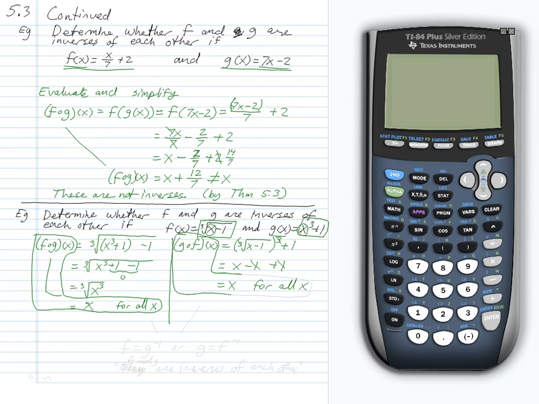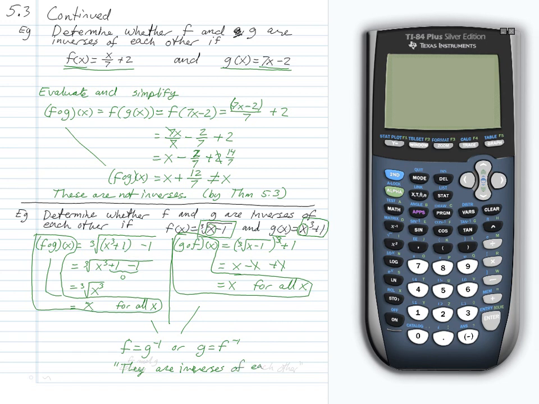So that conclusion, both of those ideas together, shows that these are inverses. So f is g inverse, or if you prefer, g is f inverse. In other words, they are inverses of each other.